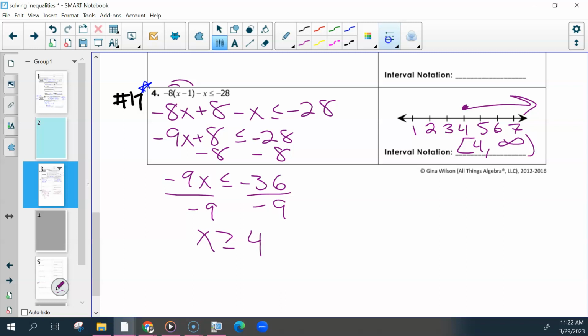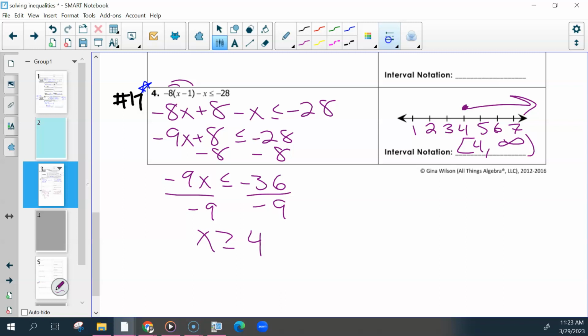Why there was a bracket there? This side is, but infinities are always parentheses, no matter what. Yes, every single time. Anytime you use the infinity symbol, negative or positive, you'll always use parentheses. Other questions on that one?